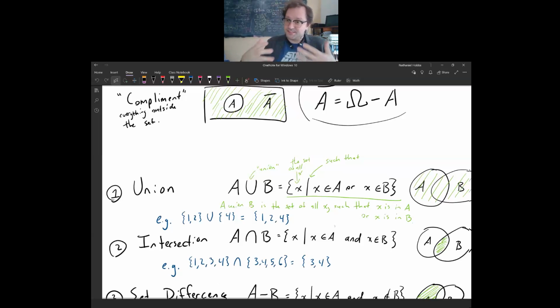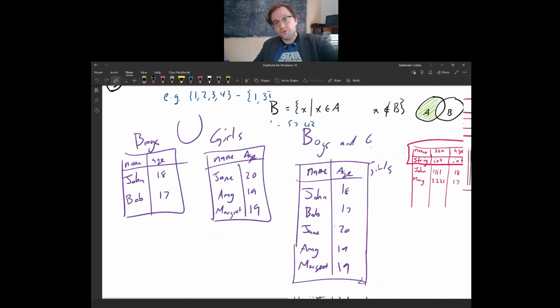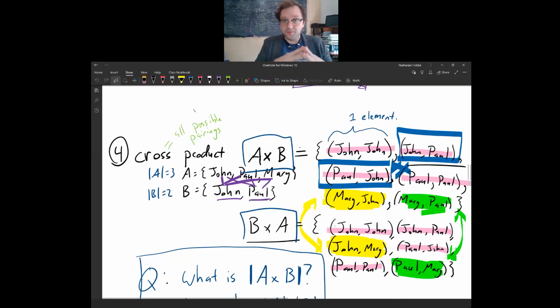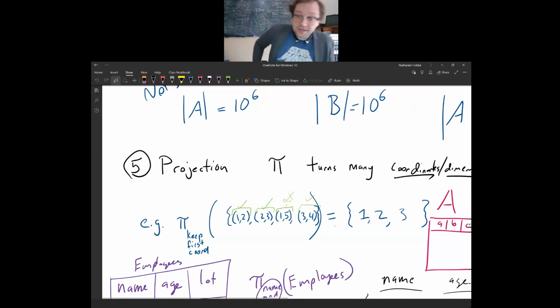You can look at the set difference between them. You can cross multiply them with the cross product. You can project them. So that is eliminating one dimension, or many dimensions, or deleting entire columns of the relation.